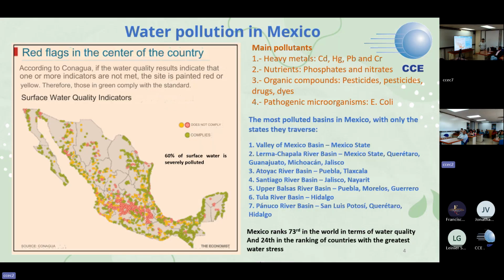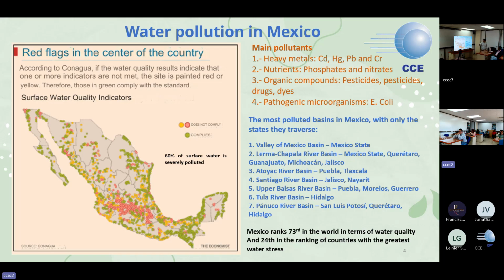Actually, Conagua, for the specific case of Mexico, has identified different places. You can see in the map the red ones. These are the places that have greater contamination in the water basins. In Spanish, las cuencas más contaminadas de México son las rojas.